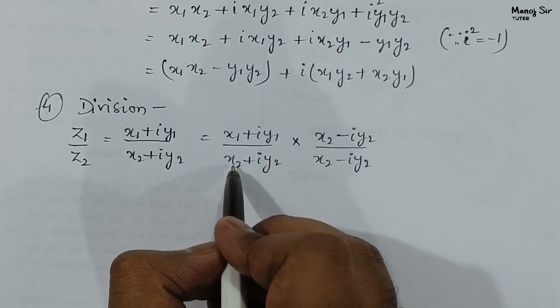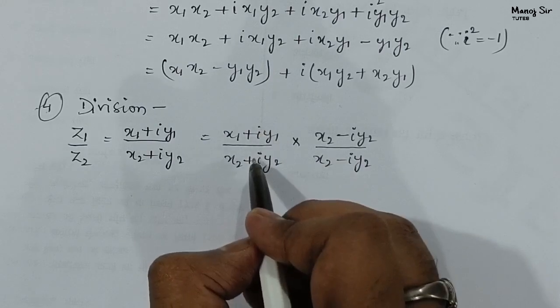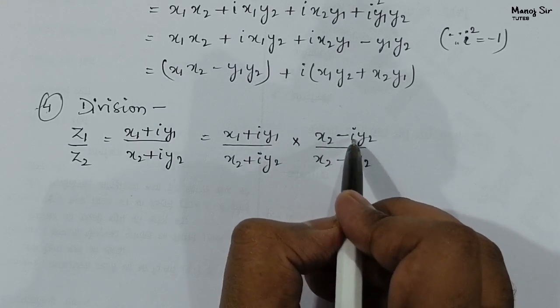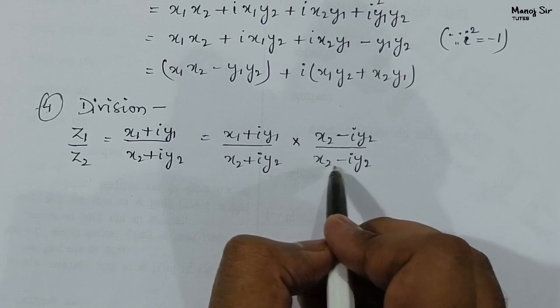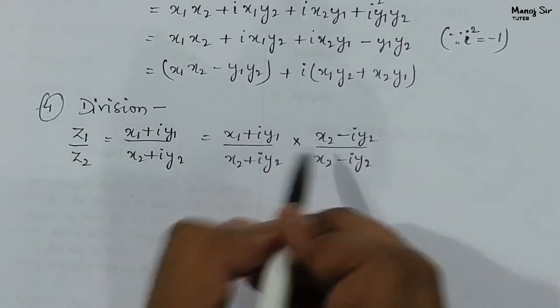Here we have x2 plus I y2, so we are multiplying numerator and denominator with x2 minus I y2 upon x2 minus I y2. Now we can multiply.